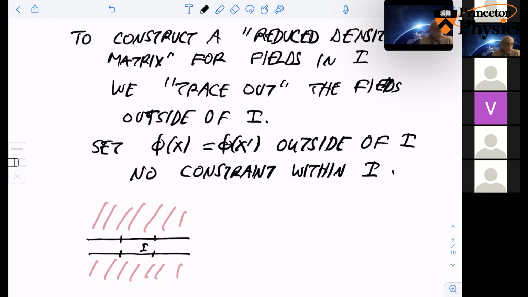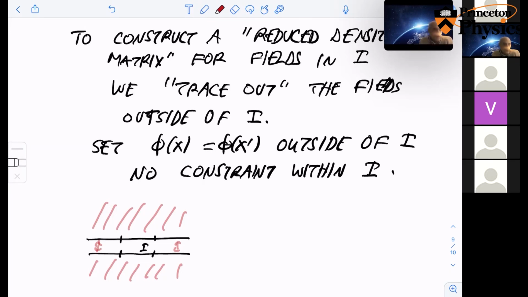So we want to trace out the degrees of freedom outside of I, which means setting the values equal in the bra and the ket. That means we have to glue together these portions while doing nothing in region I. Gluing together means setting phi x equal to phi x prime.